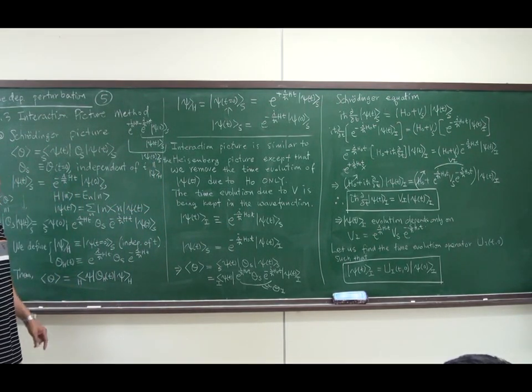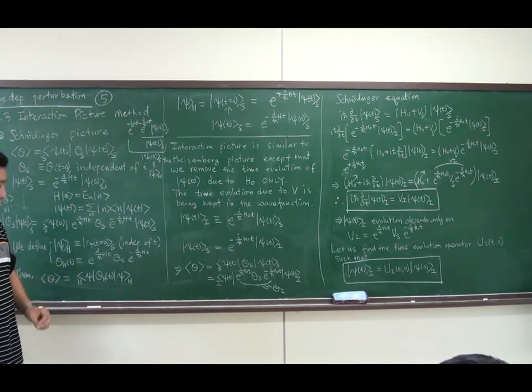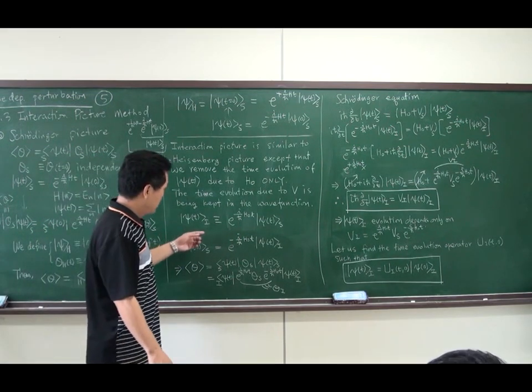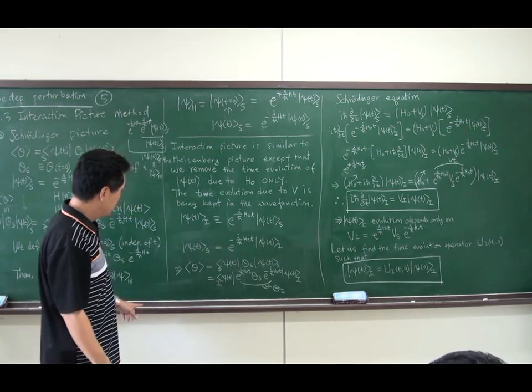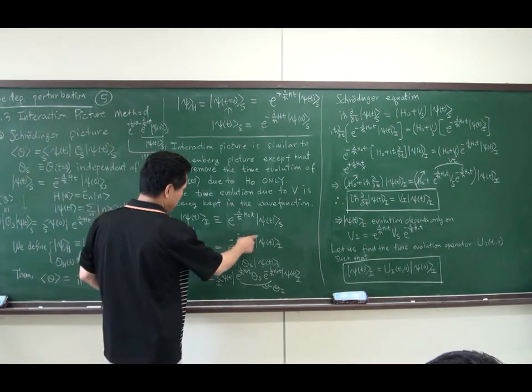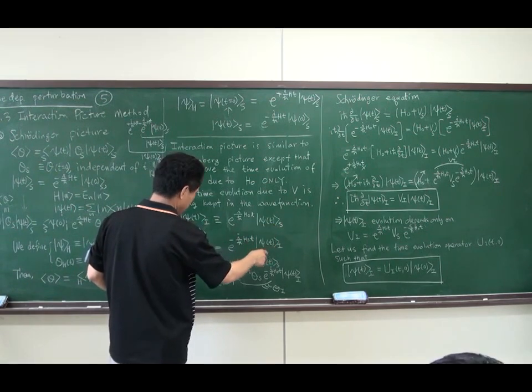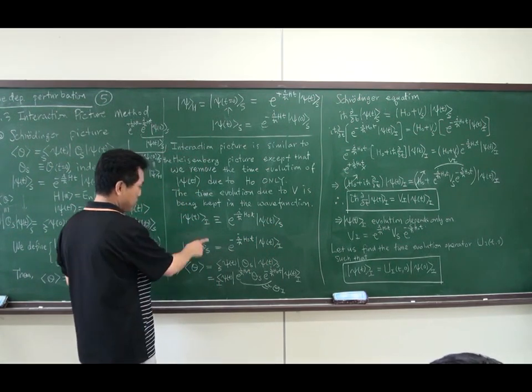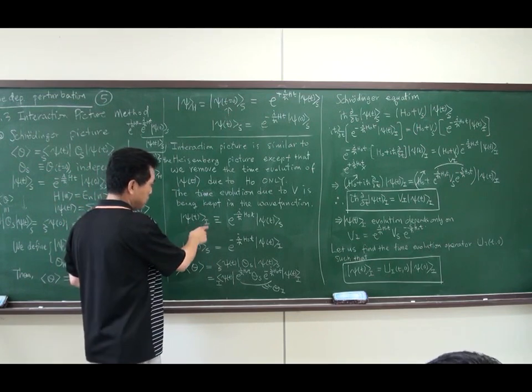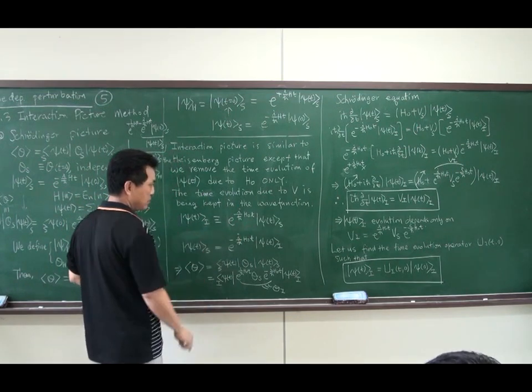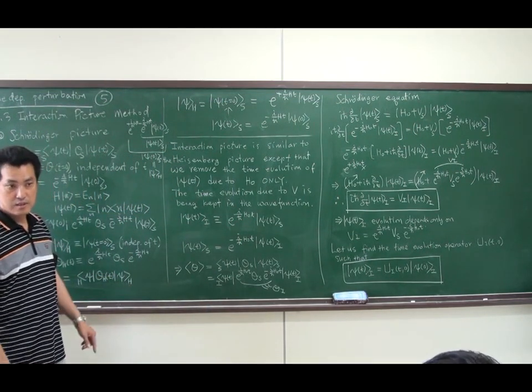So still the evolution of the state due to the potential survives. In reverse, if I want to compute the Schrödinger picture state from the interaction picture, what I have to do is just multiply by its complex conjugate.